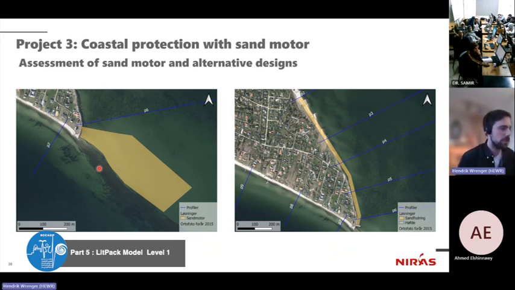And then I gave 3 project examples where different components were used for various assessments. Yeah, and with that, I'm at the end. Maybe we have time for a few questions.